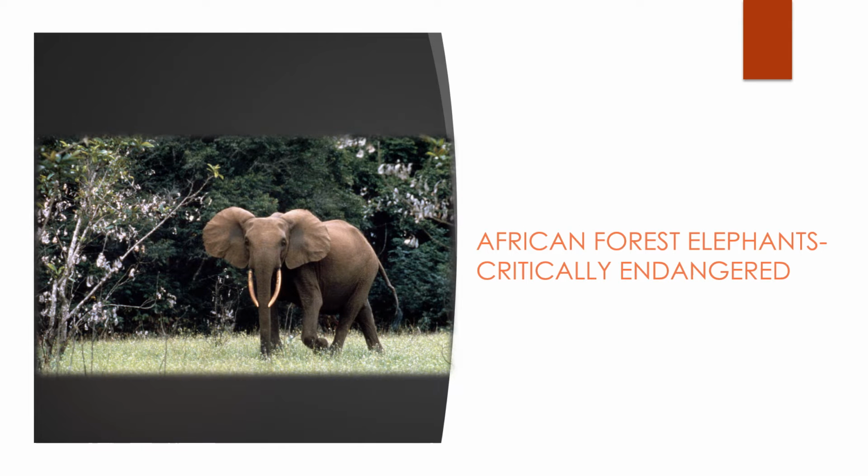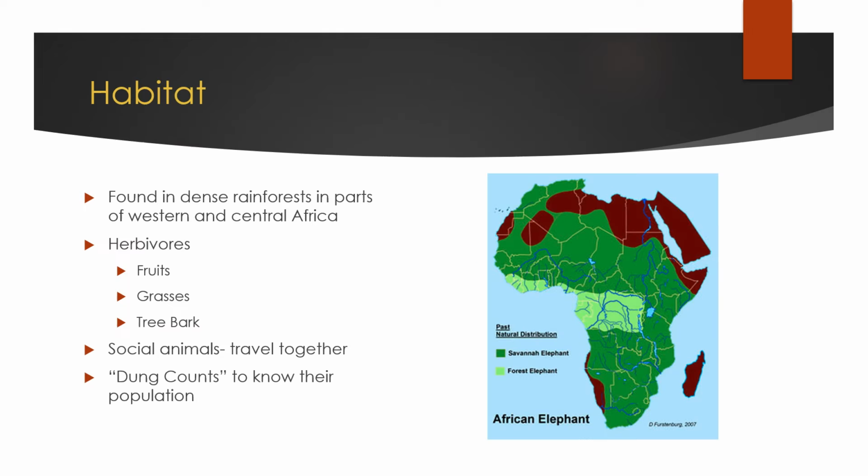So the endangered species I chose is the African forest elephant, which according to the World Wildlife Foundation is critically endangered. African forest elephants are one of two types of African elephants. The one that we all mostly know is the African savanna elephant.